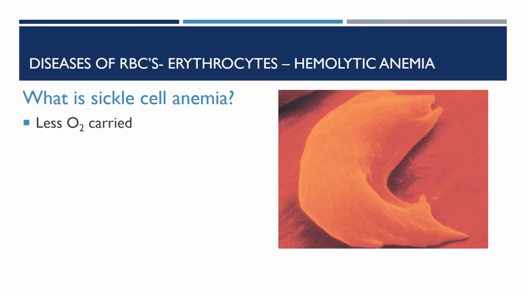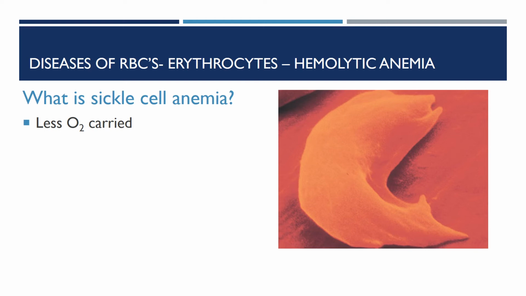So the problem with sickle cell anemia, in addition to the pain, is you are transporting less oxygen, right? The red blood cells don't take on their characteristic shape, the biconcave oval disc with a little indentation that really promotes loading the hemoglobin with oxygen.